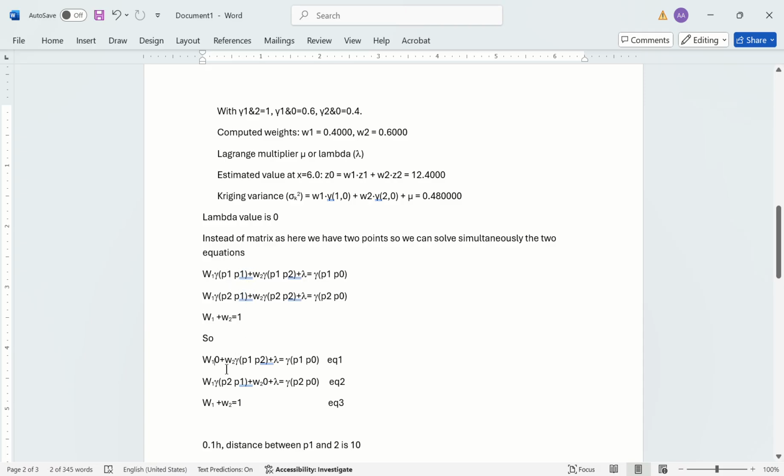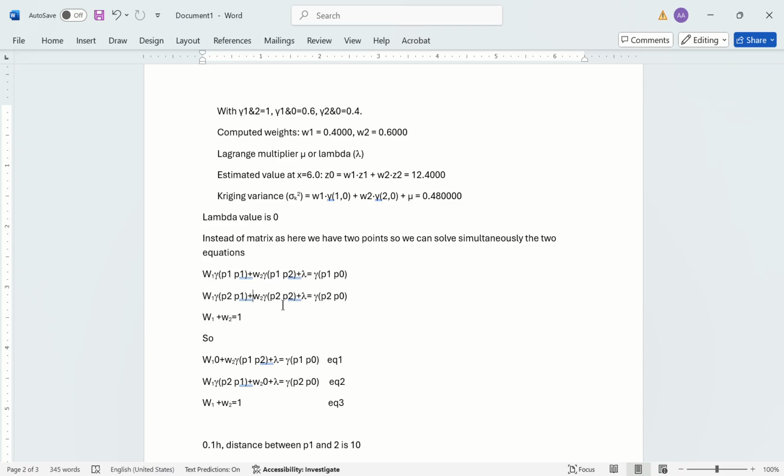So the variance of a point with itself is always 0. So W1 into 0. Similarly, W2 variance point 1, point 2, plus lambda gamma point 1, point 0. Then we have W1 gamma point 2, point 1, which is over here, plus W2 gamma point 2, point 2, it's again 0.